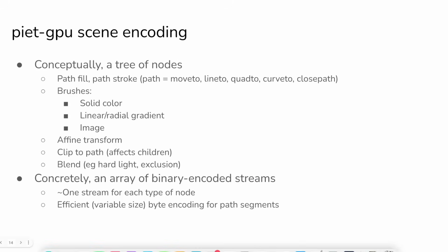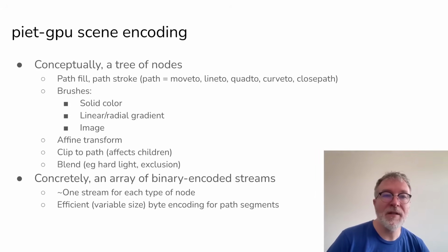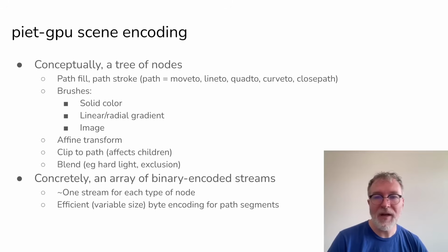One of the things that is really interesting about this architecture from a UI framework perspective is the scene encoding. This is a little different than, for example, HTML canvas. In HTML canvas, it's very object oriented.